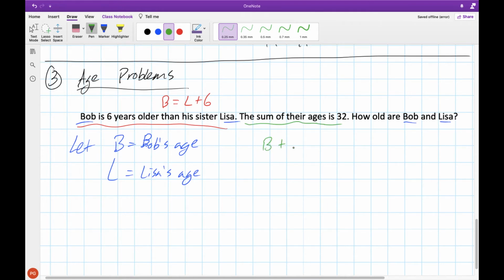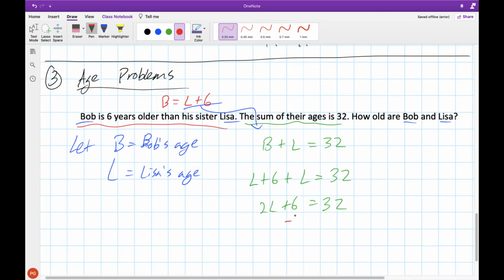So Bob's age plus Lisa's age is equal to 32. But now we can use this piece of information that Bob is 6 plus Lisa's age. We can substitute that in. So Lisa's age plus 6, plus Lisa's age, should give us 32. Let's gather up our like terms here. So we have 2 times Lisa's age plus 6 is 32.